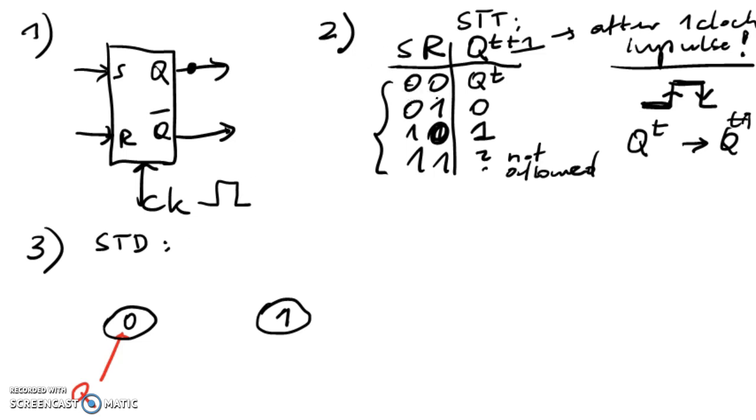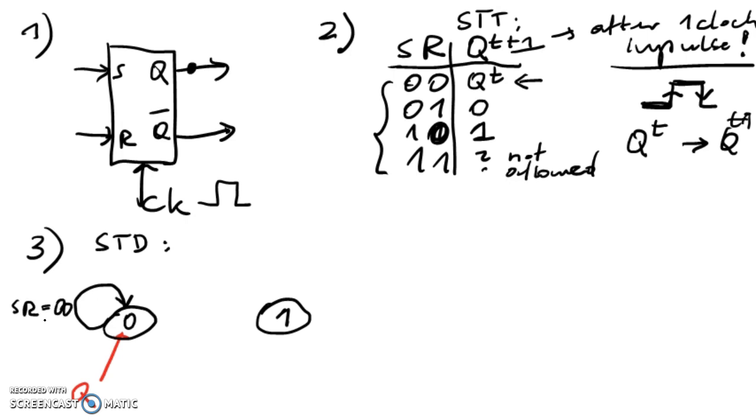0, 0. To draw what is happening when you put 0, 0, you simply analyze this. It means that if you are in the state 0 and you've got 0, 0, the state doesn't change, so you must put an arrow towards the same state. Okay, and it's a loop, and you put SR equals 0, 0 aside this arrow.